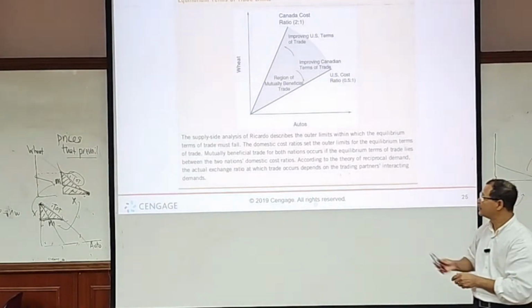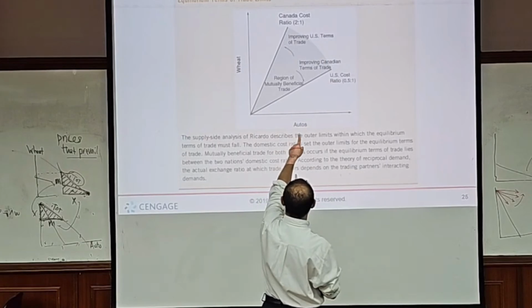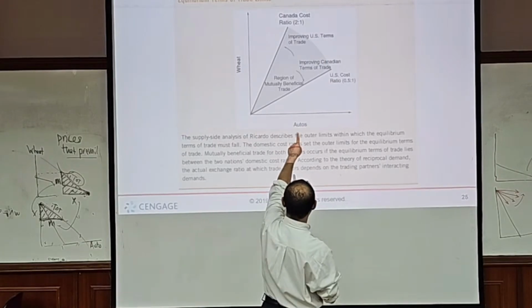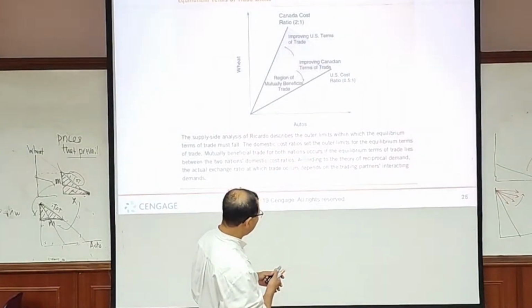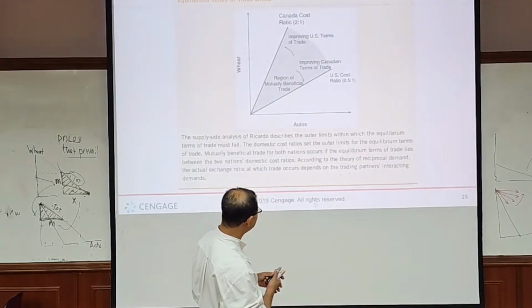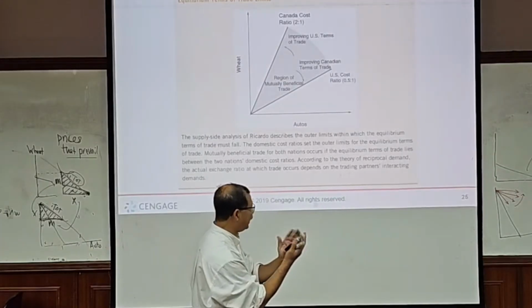Flip the graph. So now auto and wheat cost ratio with Canada. How do I show that? Two graphs put together and we turn it.